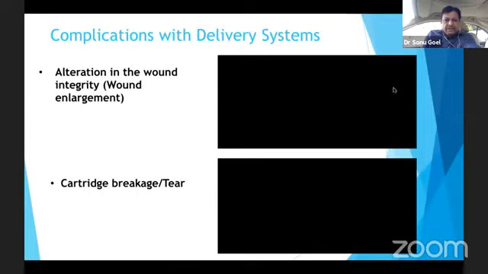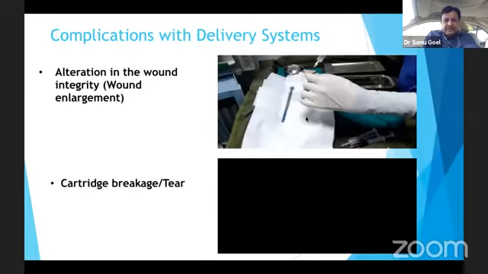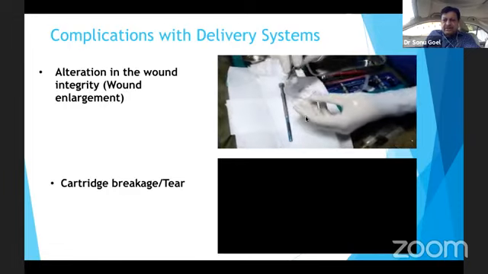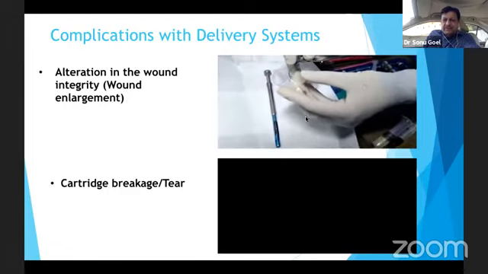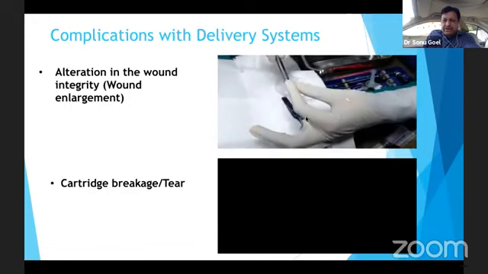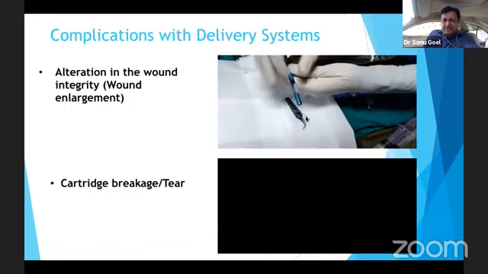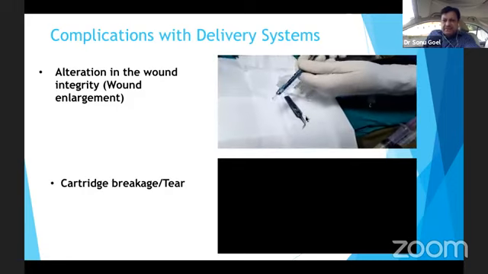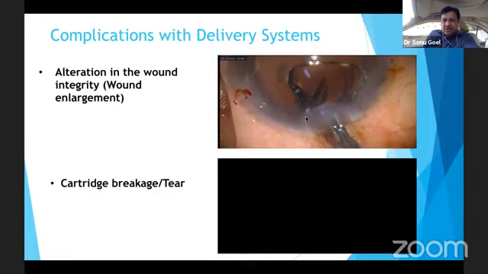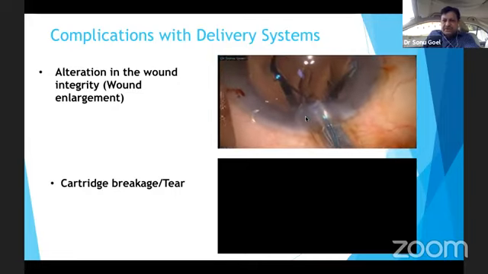The major complications with the delivery system, if you see the video on the right side, this is a video I made of my OR staff while she was loading the lens. See how many instrumentations, how much time and how much patience, and if she goes presbyopic, it's difficult. Look at the amount of wound stretch.